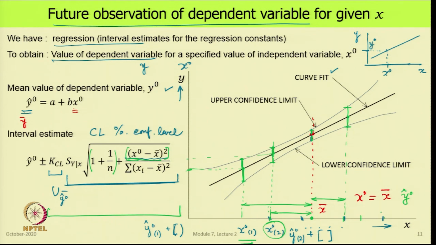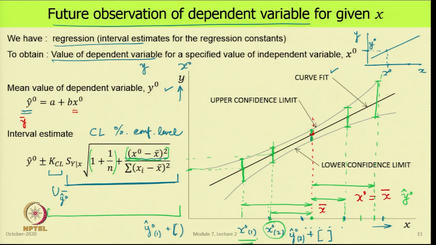And if you go further away, say over there, and we go up and see what happens over there, this is now our term x 0 minus x bar. It has become bigger. So, the uncertainty band has become bigger, and so we get the range something like that. These will all be symmetric.